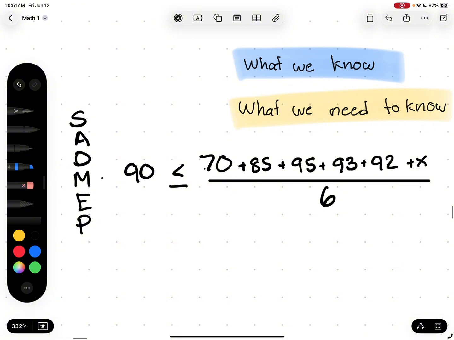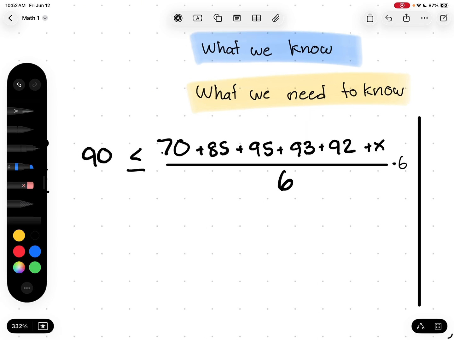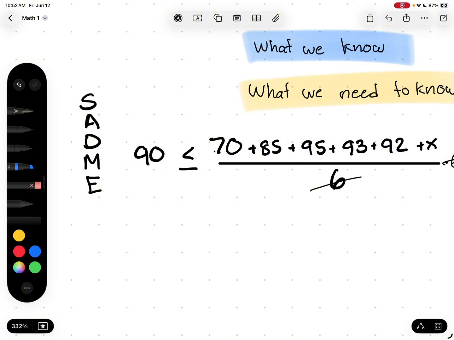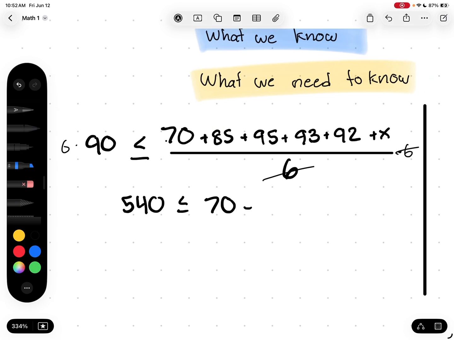So we'll start with the one that's farthest away, which is the division. We are dividing by 6, so we multiply 6 to both sides. 6 times 90 is 540. And now we have all of these numbers, so we can go ahead and just subtract all of these numbers one by one.